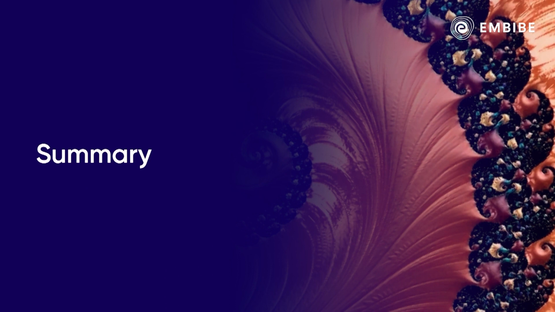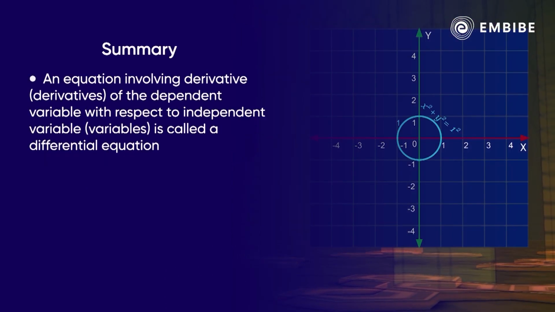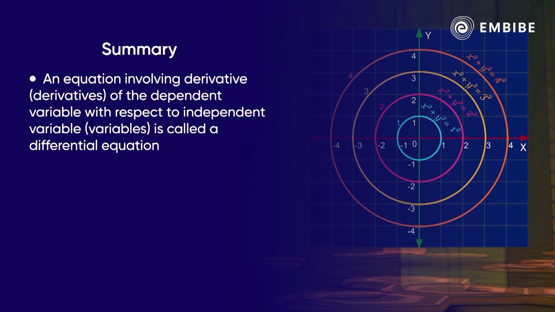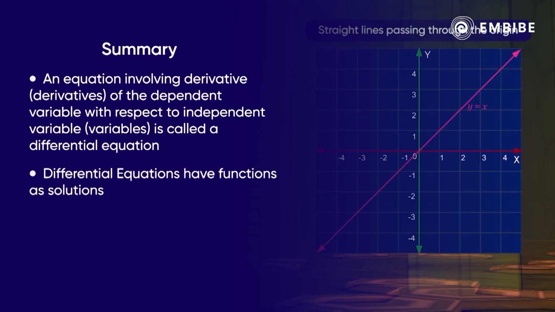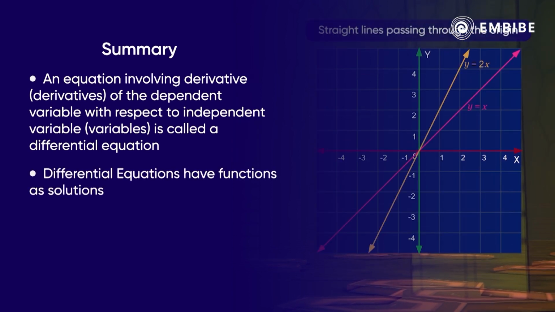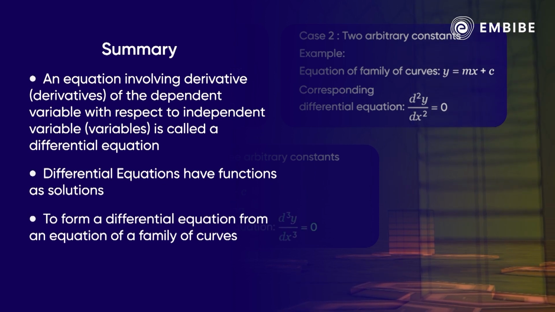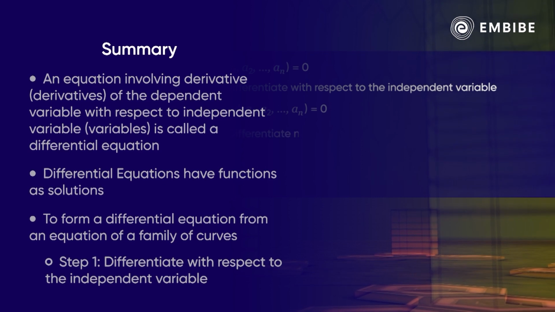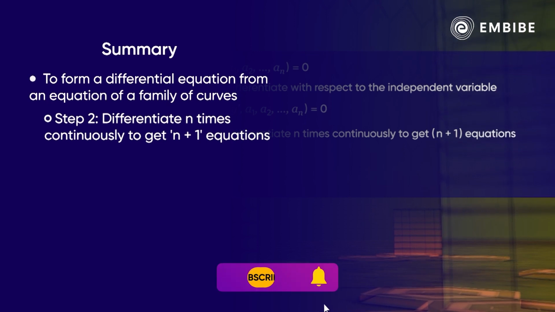Let's summarize what we've learned in this video. An equation involving derivatives of the dependent variable with respect to the independent variable is called a differential equation. Differential equations have functions as solutions. To form a differential equation from an equation of a family of curves, first differentiate with respect to the independent variable. Continue the differentiation n times to get n plus 1 equations.